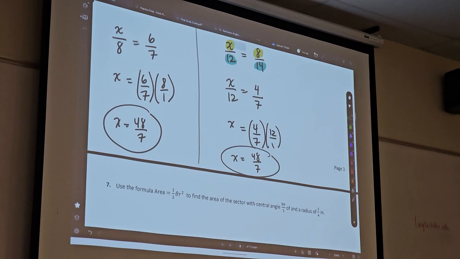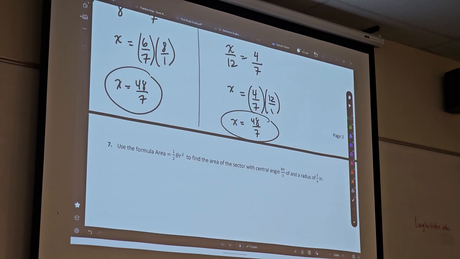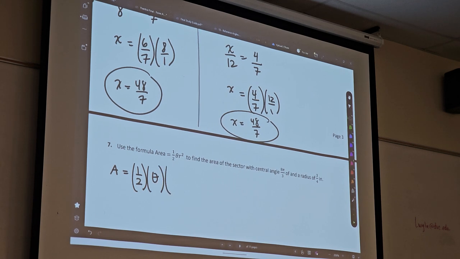Doing okay on time. The formula is given to you. Area is a half the angle times the radius squared. That's the radius times the radius. The central angle here is theta, and your radius is r.